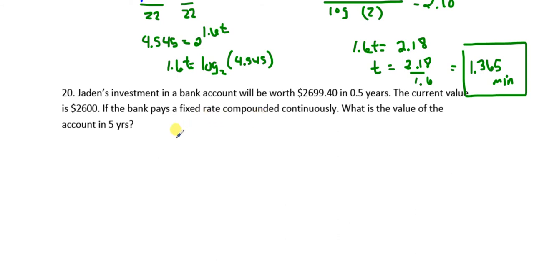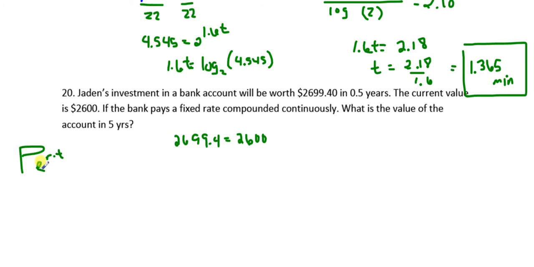So what we have is in a half of a year, $2,699.40, our new amount, is equal to $2,600, and I always remember this one as PERT, P E to the R times T. That's principal, your starting amount.